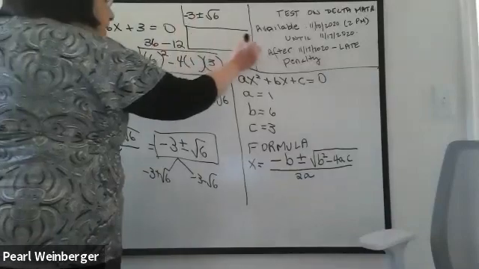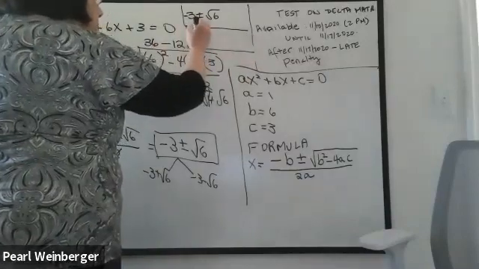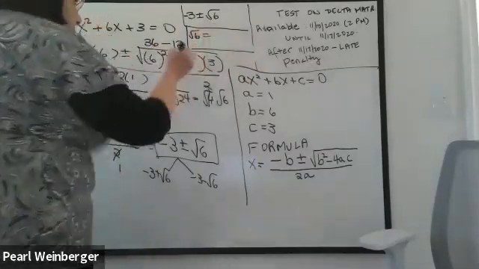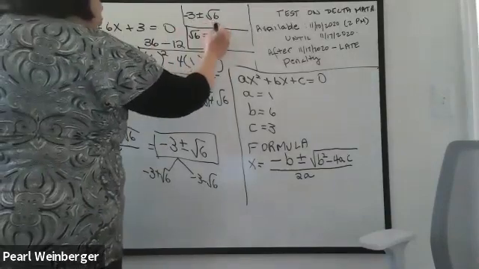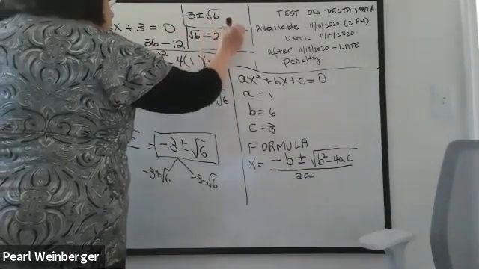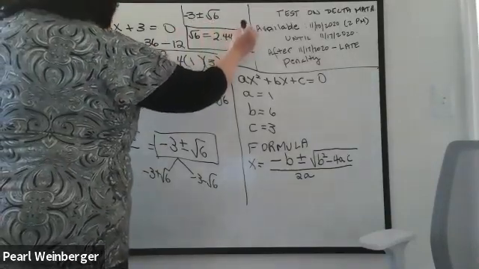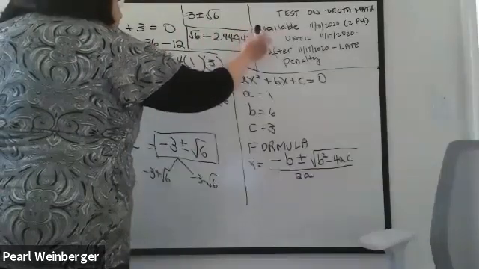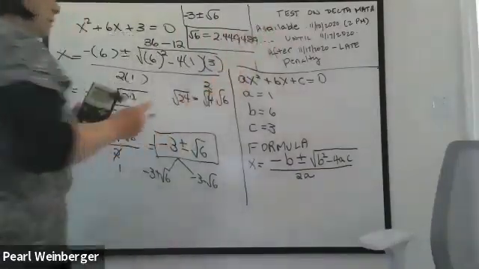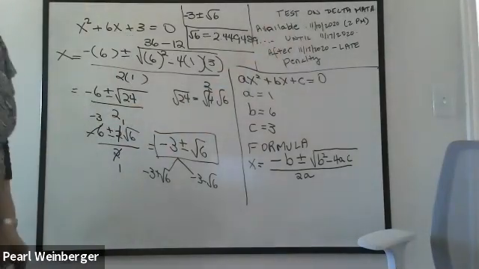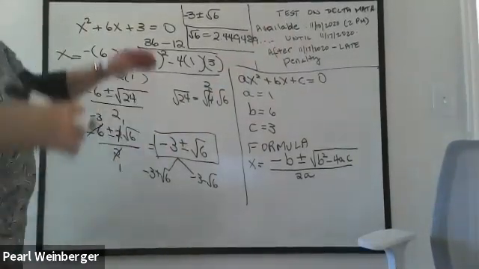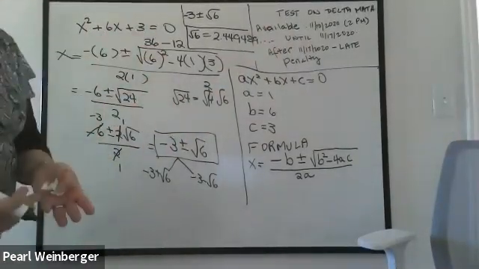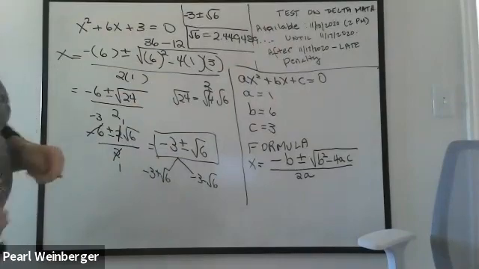Here's the number that I got for the square root of 6: 2.449489. It's an irrational number, which means it's a non-ending, non-repeating decimal.